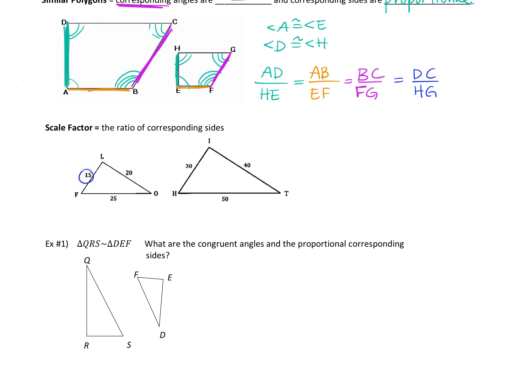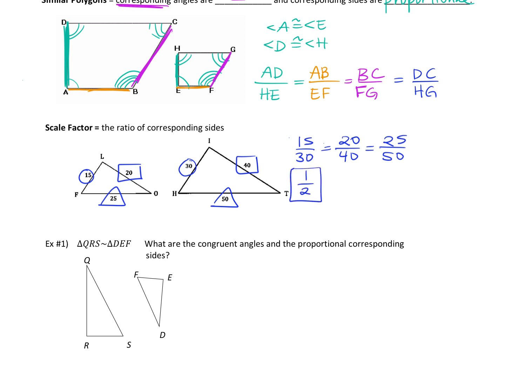You're basically saying 15 to 30 is equal to 20 to 40, right? We're matching up those corresponding sides, which is equal to 25 to 50. Okay, but like we said, we always want to reduce.